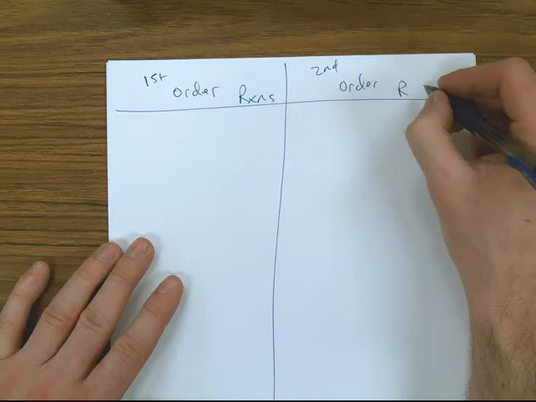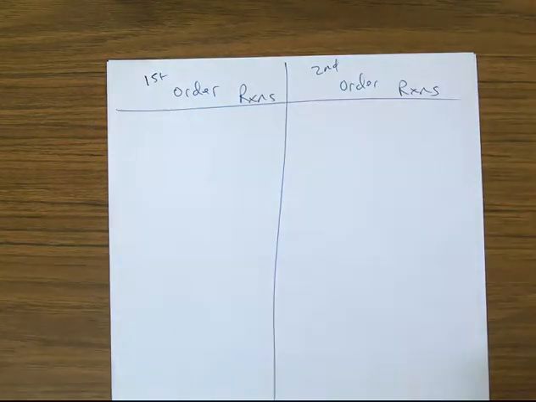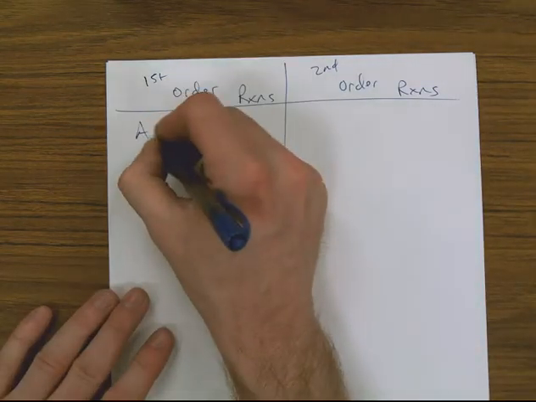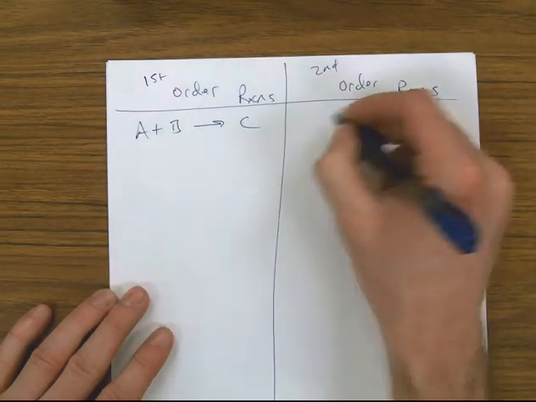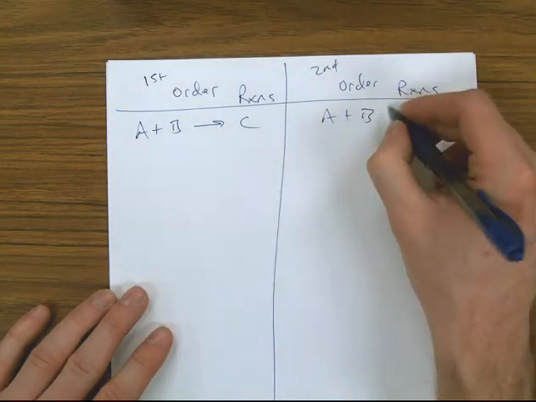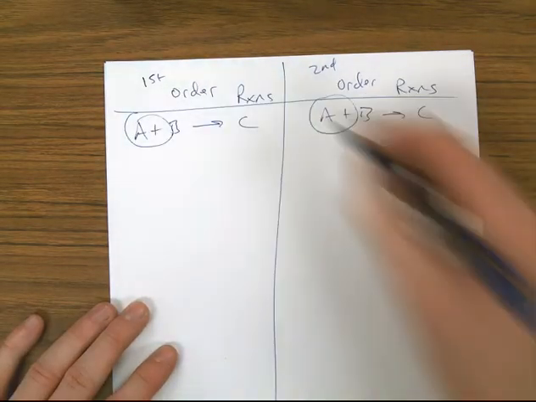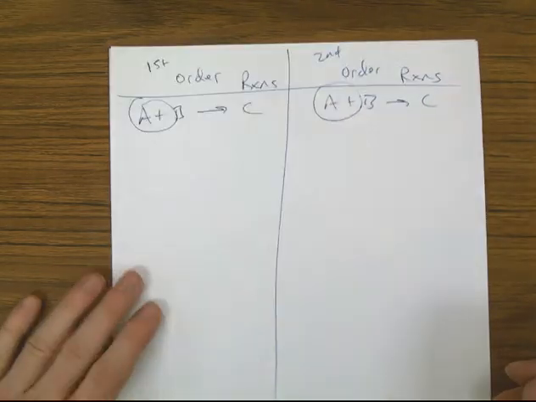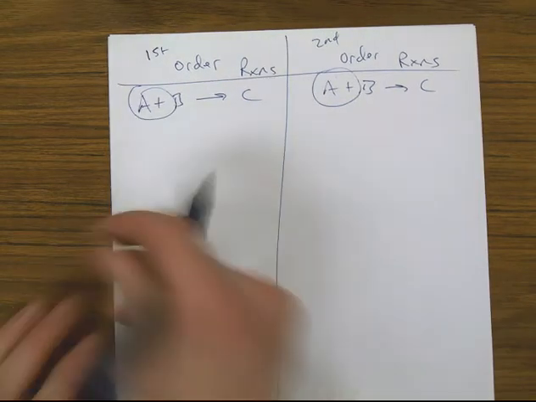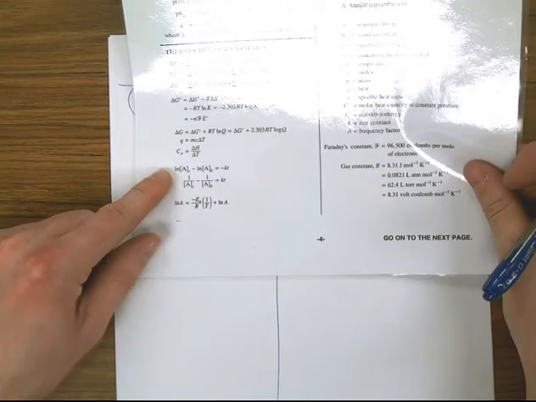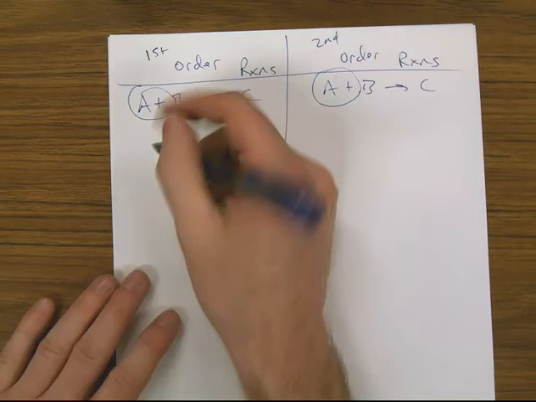Now, for these reactions, we're assuming we have some sort of reaction like A plus B producing C. For the equations I'm going to be writing out, we're just going to be studying only one reactant. For first order reactions, it's the first equation in the kinetics equation section of your equation sheet.